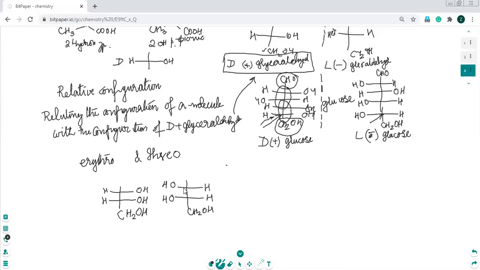Now you can have a different arrangement for this. The arrangement can be CH2OH, H, OH, and OH, and the mirror image of this one.